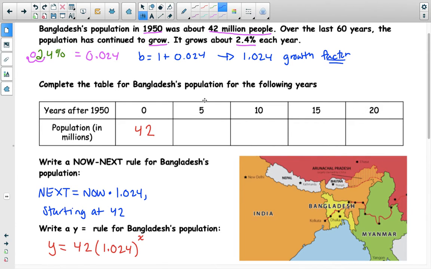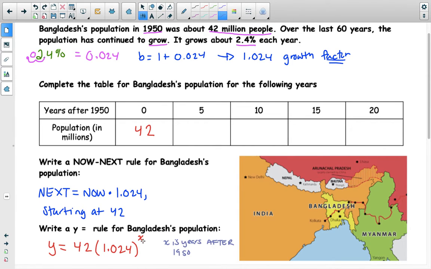Or we can just use the 5 as the years after 1950 to write it in here. I'm going to write a little note: x is years after 1950, because that was our starting year. So 5 years after 1950 would be 1955.